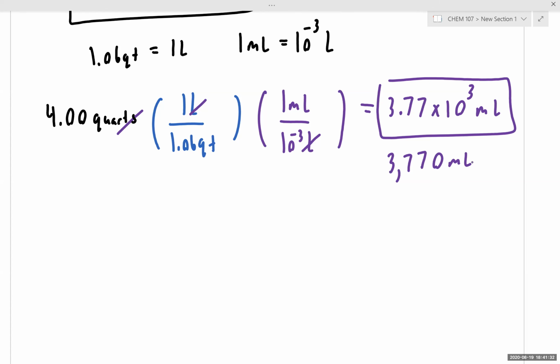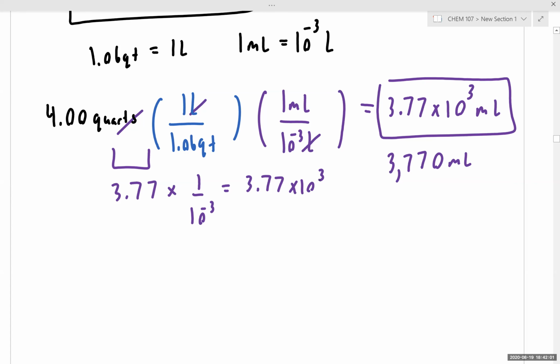Professor, how did you get the 3.77? So I have my calculator set up so it gives me my output in scientific notation. But just to show you each of the steps, in this first output, we get about 3.77. For our second operation, we have 1 over 10 to the negative third. We can write this alternatively as 3.77 times 10 to the third.